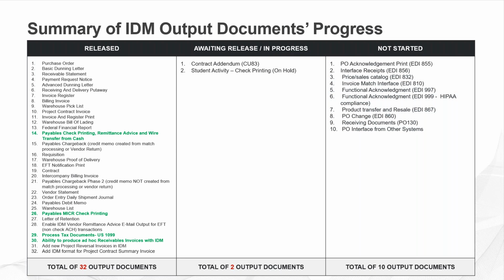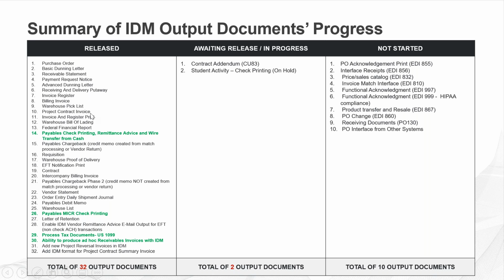And this is an eye test, and I always share this PowerPoint afterwards, but I'll point out to you we've covered the whole life cycle of purchase orders, payment request notices, invoice registers, right?